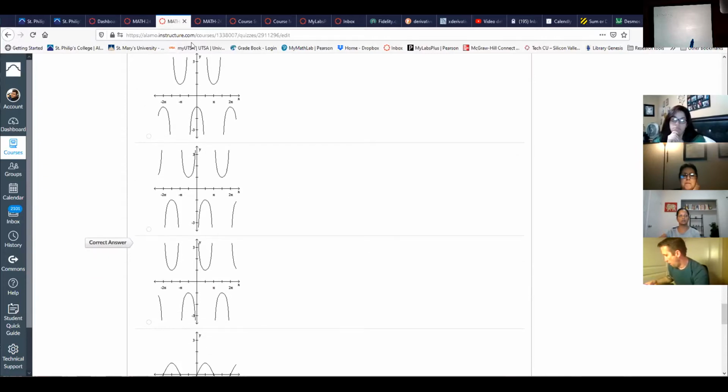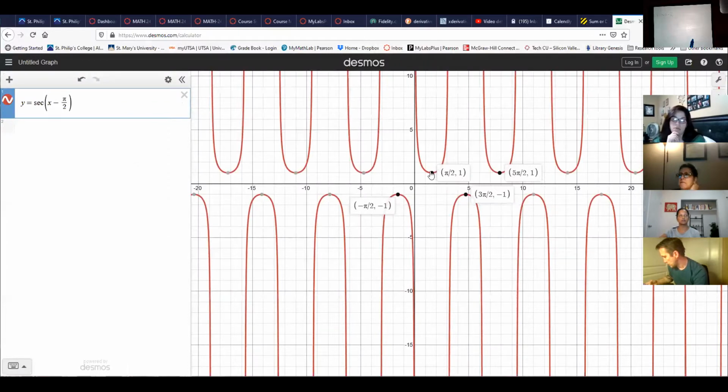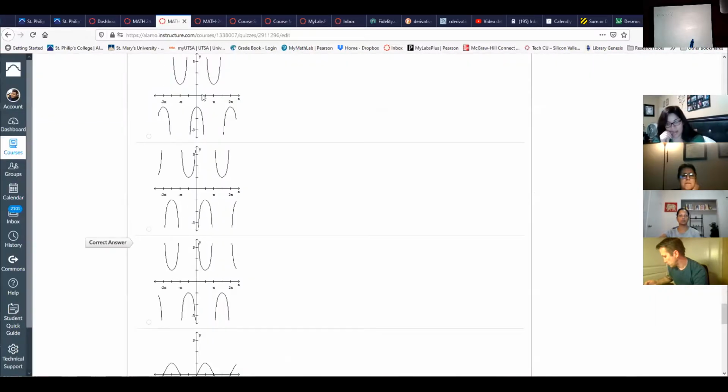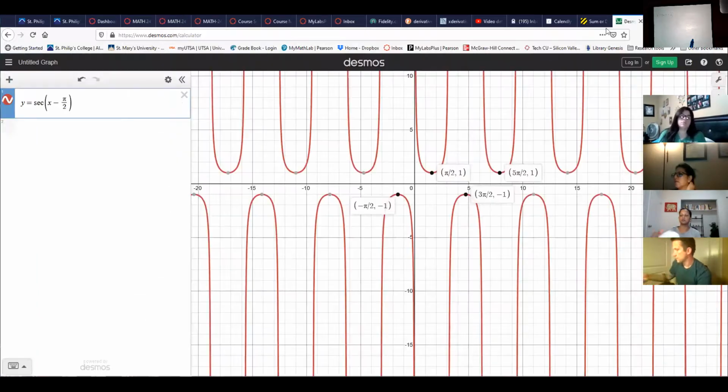B, why is B wrong? We have values at pi over 2 and negative pi over 2. So let's compare those. Pi over 2 is right here. So I don't have any points there. You see that? This one does. So do I have it down here or is it up there? Let's see.